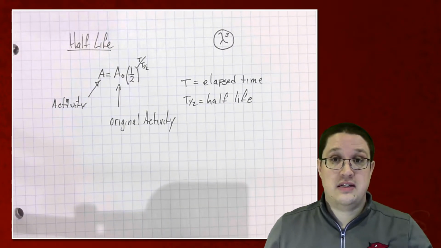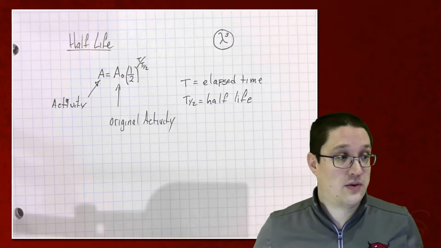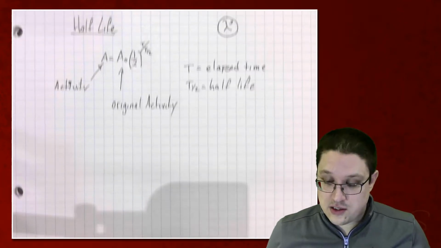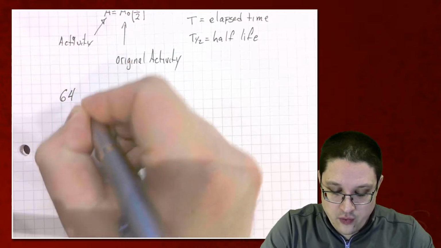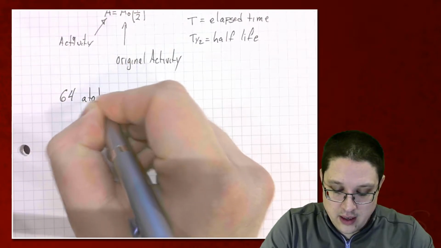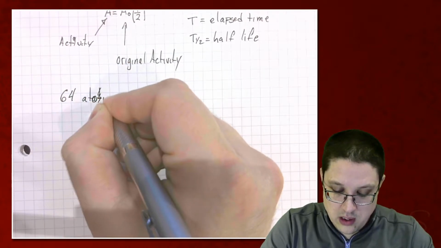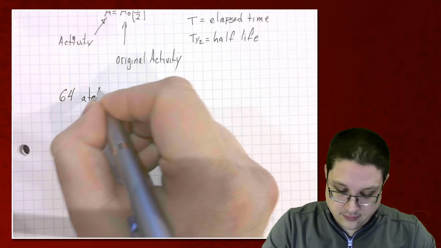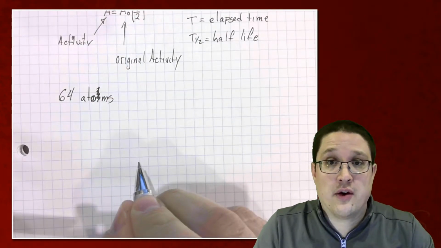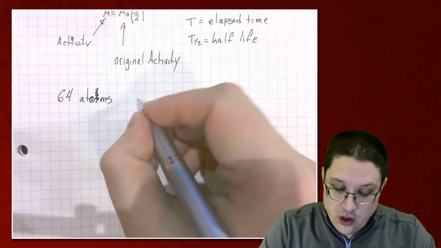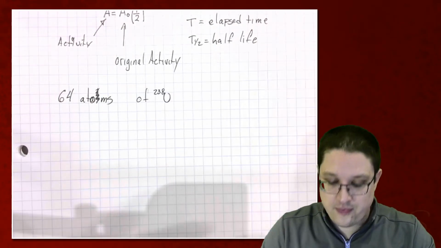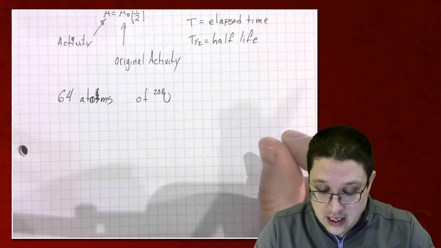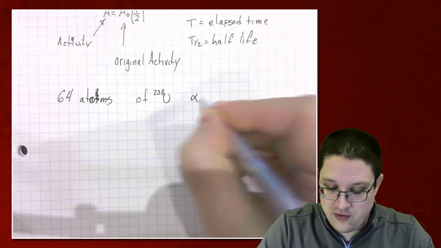Now, the idea with half-life is fairly straightforward. When I start off, so let's start off with a nice easy number. Let's start off with 64 atoms of uranium-238. Now, uranium-238 undergoes alpha decay.